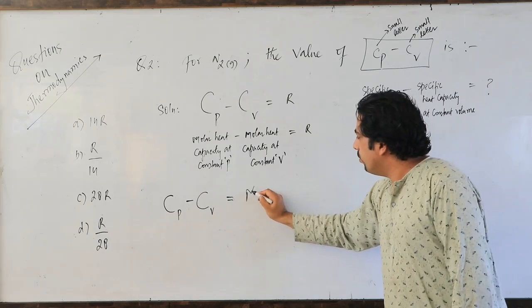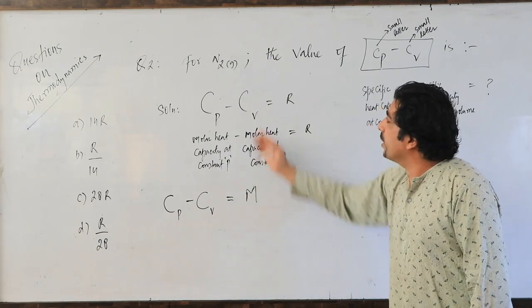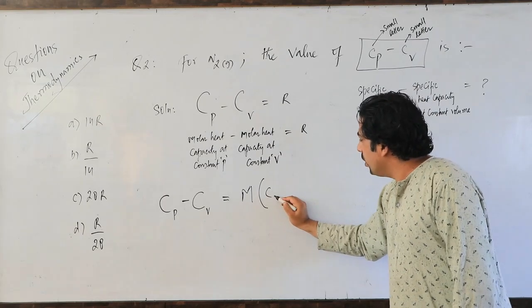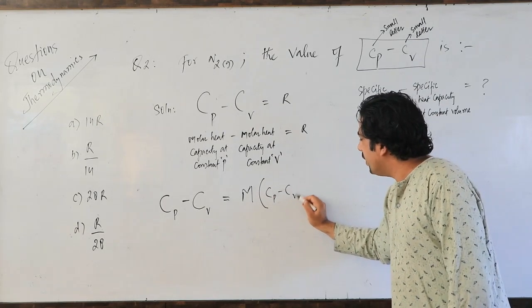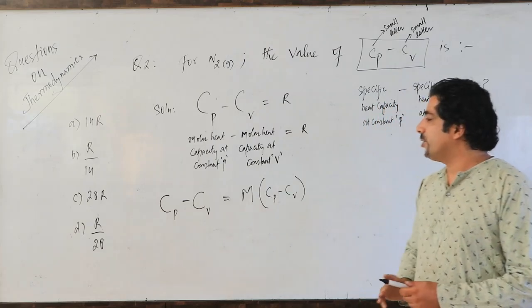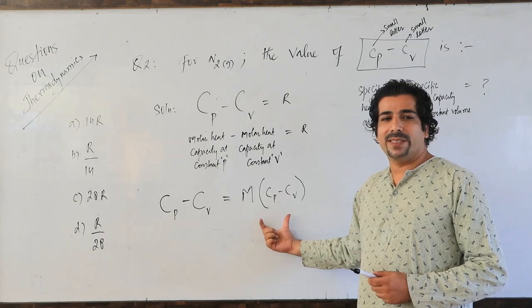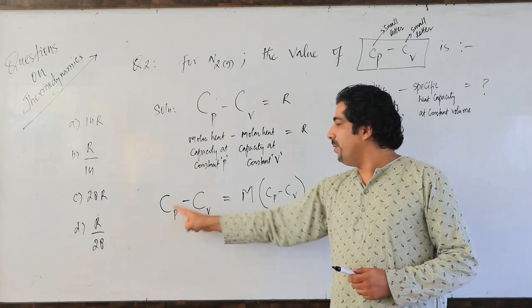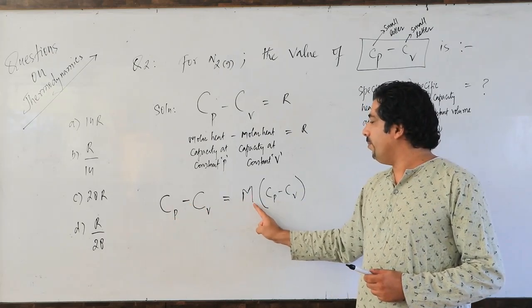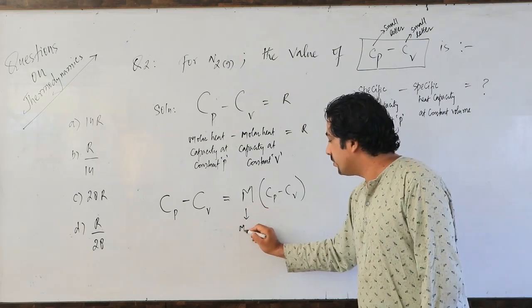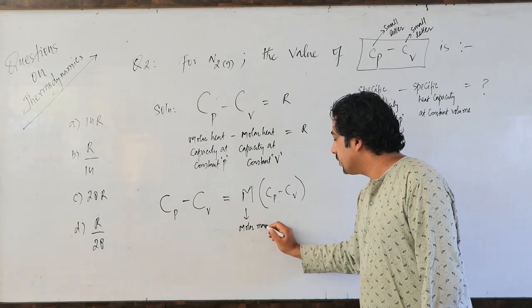It's equal to the molar mass of the gas which you are using, into small Cp minus Cv. So this is the relationship between molar heat capacity and specific heat capacity, my dear friends. Capital Cp minus Cv is equal to M into small Cp minus Cv, and this M stands for molar mass.